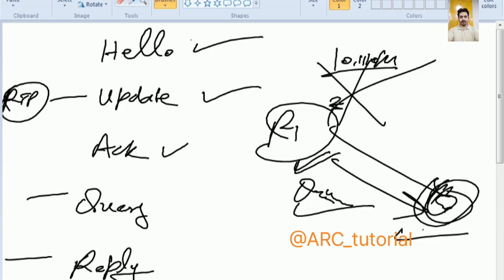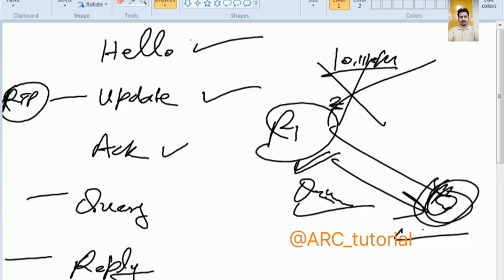There is a rule that if you have transmitted a query message, it means you have become active for it. A query will be generated by your device whenever it becomes active for a prefix, because there are states like active and passive. If your EIGRP is in passive state for a prefix, it means there is no problem related to that prefix.